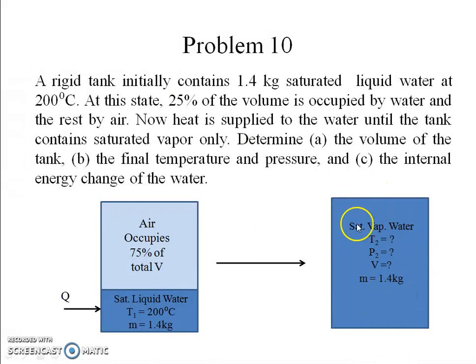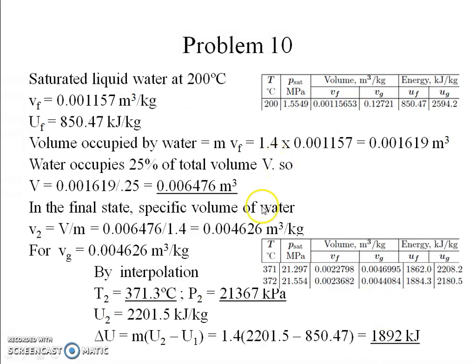The final volume is equal to the volume of the tank, 0.006476 meter cube. In the final state, to calculate the specific volume, we divide the volume of the container by the mass of water, and we get 0.004626 meter cube per kg.